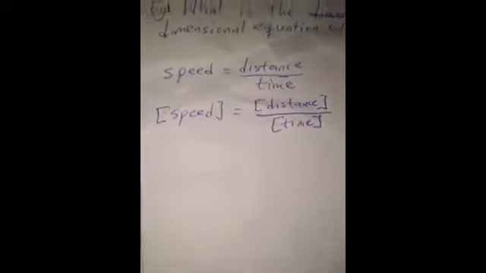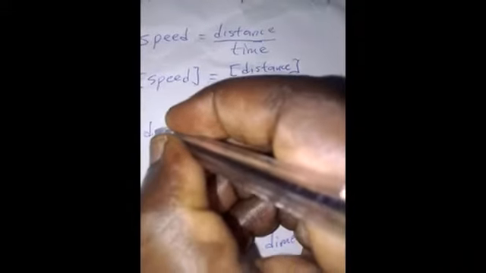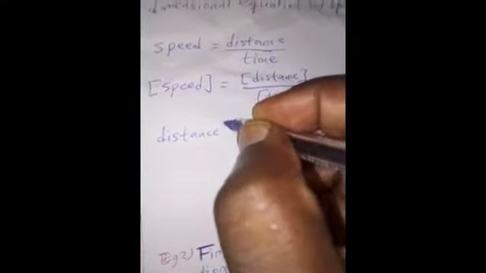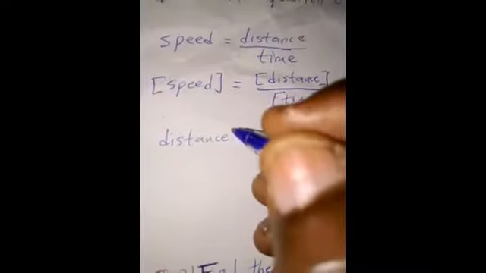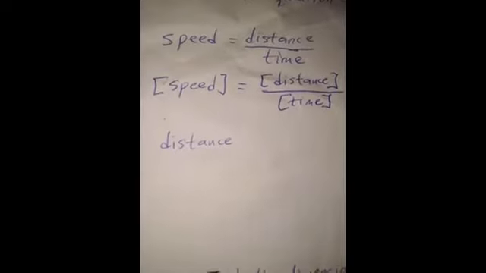Now, I know distance to be the same as length. Distance, moving from one place to another, is considered to be length, the length of a particular object.